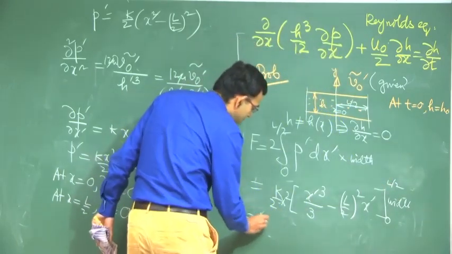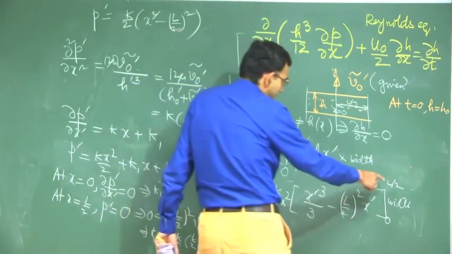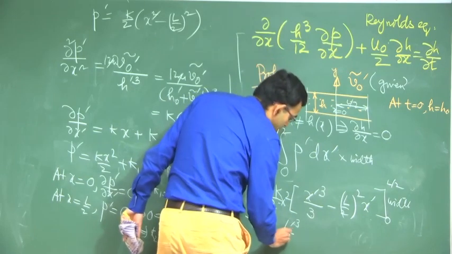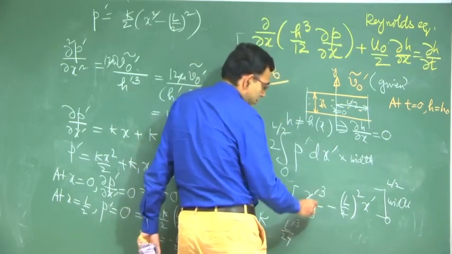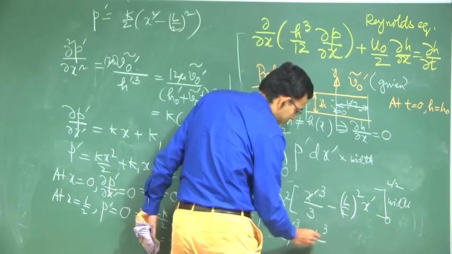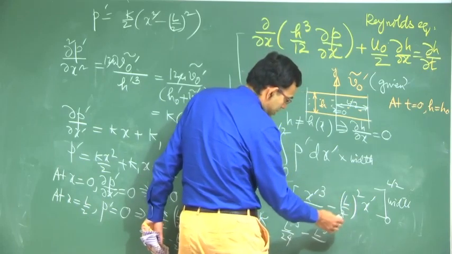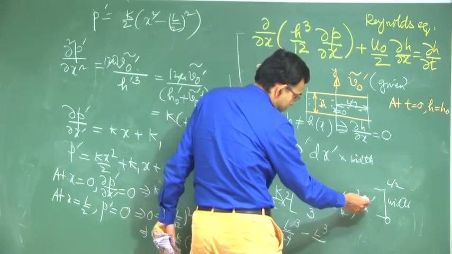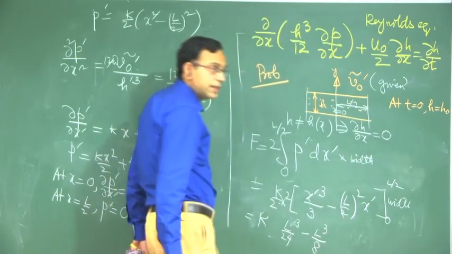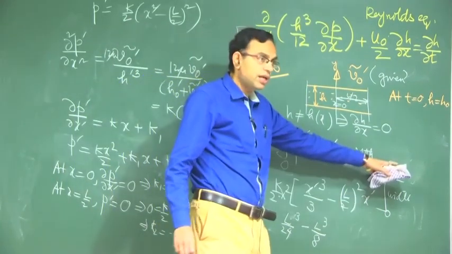So, this is k into L cube by 24 minus L cube by 8, right, 2 into 2 into another 2.